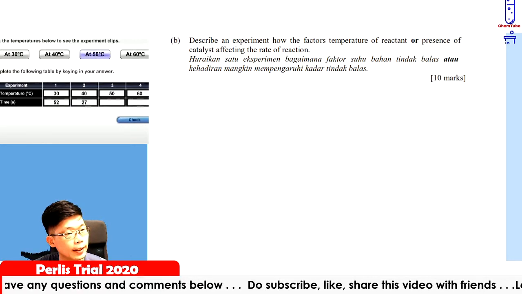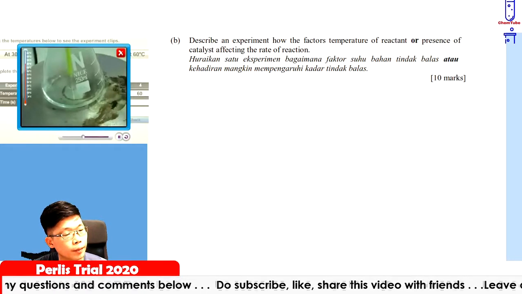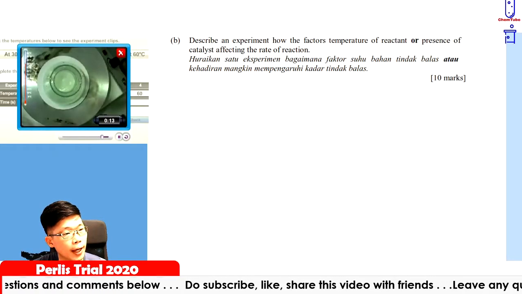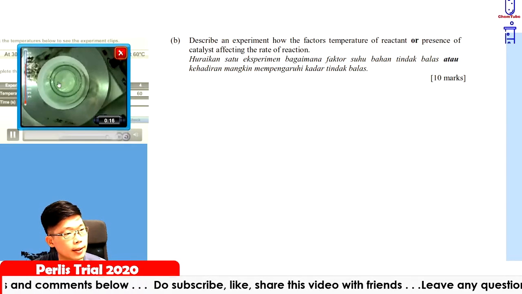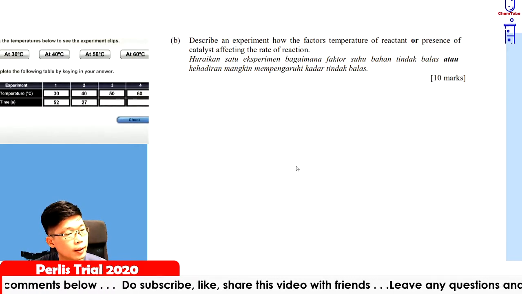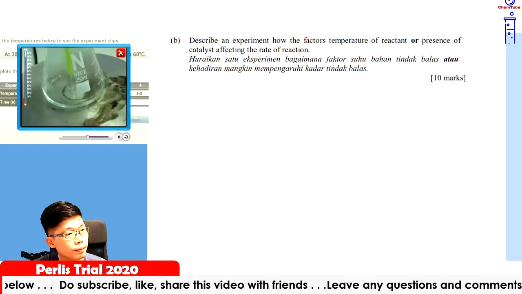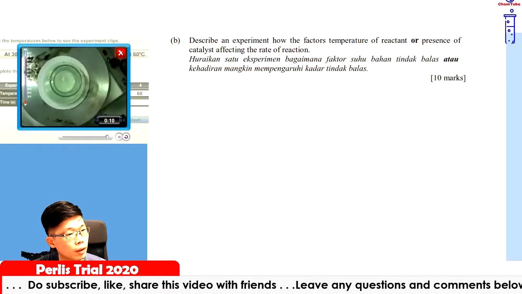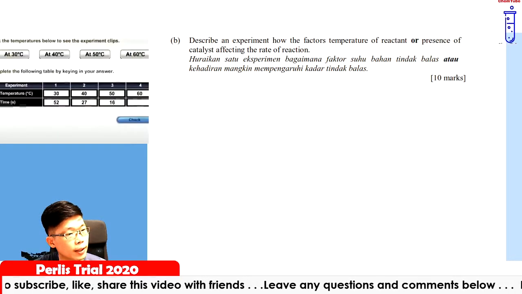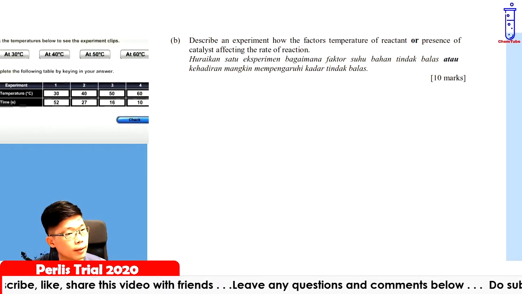The higher the temperature, the shorter the time taken for the X cannot be seen. So the X disappears already at 50. It disappears very, very fast from sight. Well done.